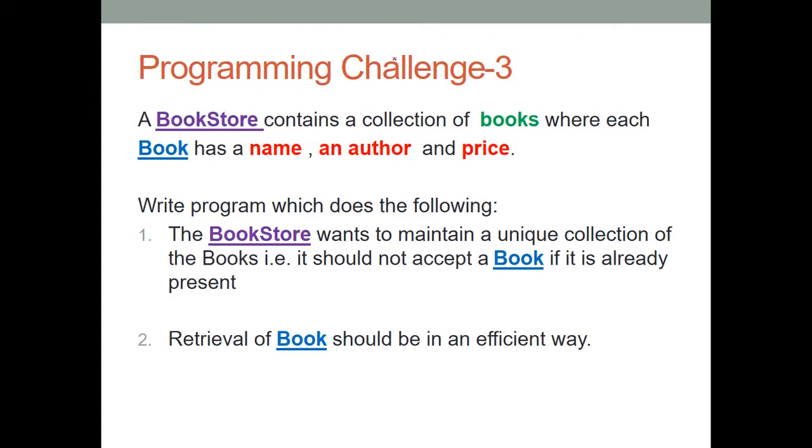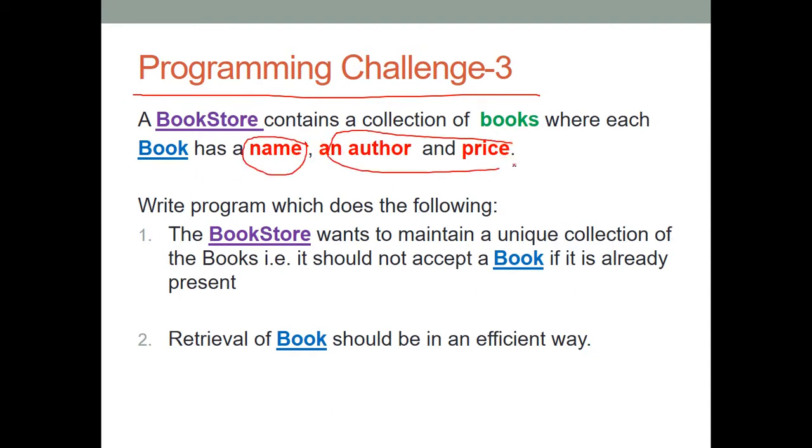Okay, programming challenge. I will give you one programming challenge. If you do this, you are really good in Java, and not only Java, you are also good in collections, with good practice and good knowledge. I hope you do it. So, a bookstore contains a collection of books, where each book has a name, author and price.